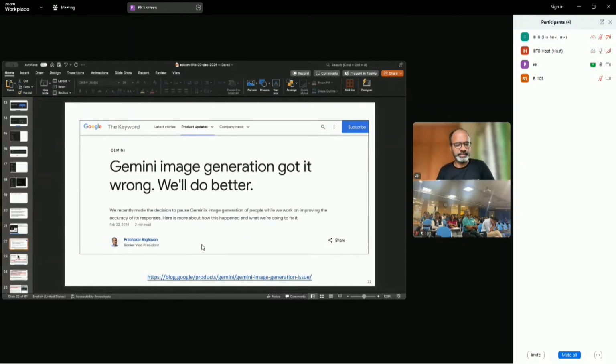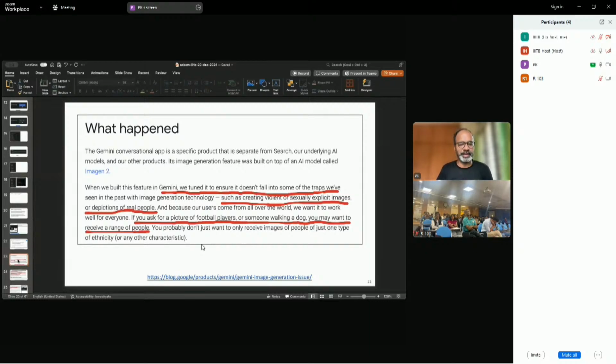That's what the Gemini stand was. Unfortunately, that ended up being a problem because even when they had a specific targeted question, instead of asking for an image of a doctor, the system still ended up giving a diverse set of pictures.